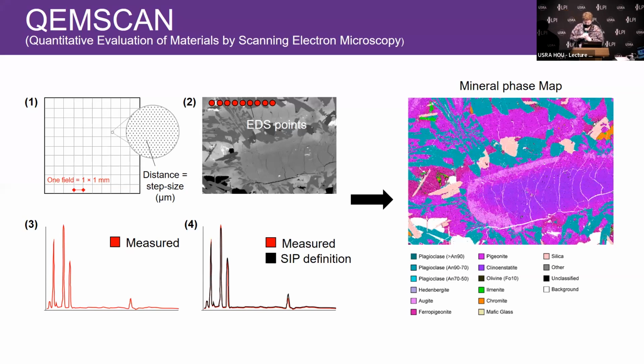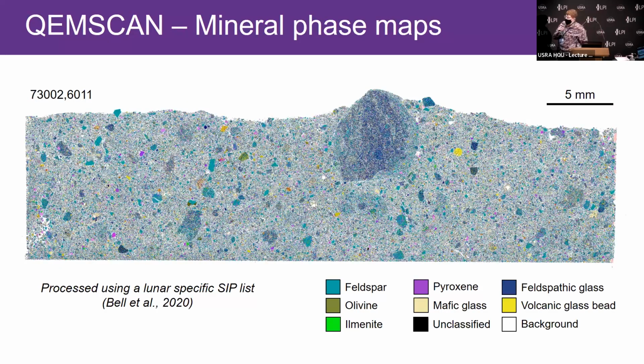And this is just an example of a Apollo 15 mare basalt, just to show that it picks up zoning and all different textural features as well as the mineralogy. So here's a scan of 6011. I should mention that these have been processed using a lunar specific mineral list.